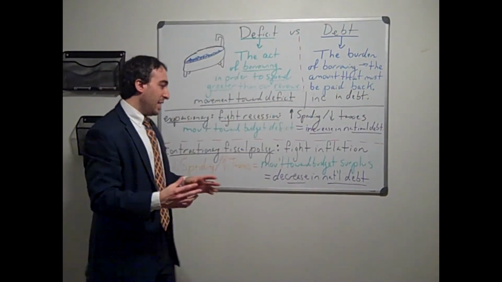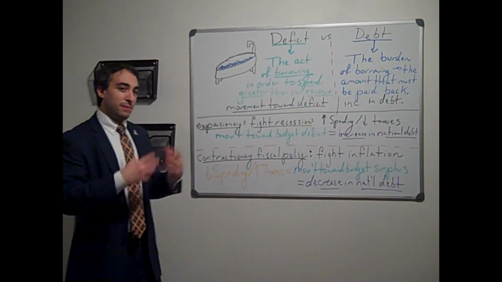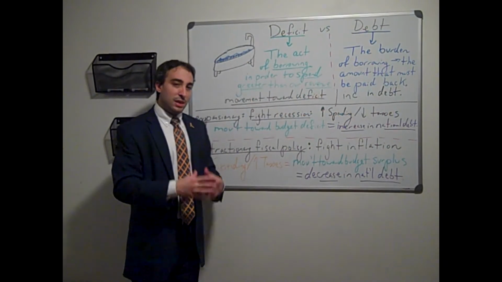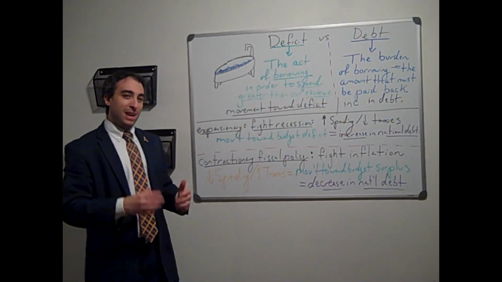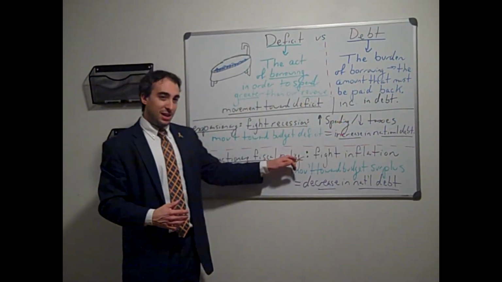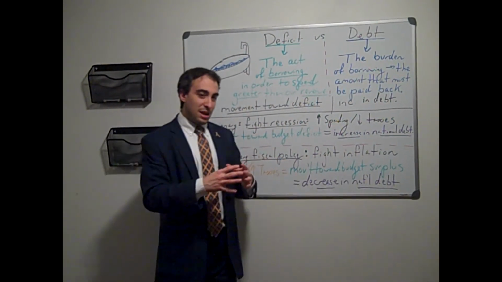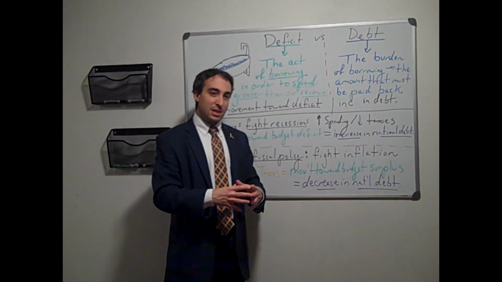the amount of money that the government owes. If a nation is experiencing inflation, the government can use its fiscal powers to create a contractionary fiscal policy, a policy to shrink the economy, to reduce spending in the economy.